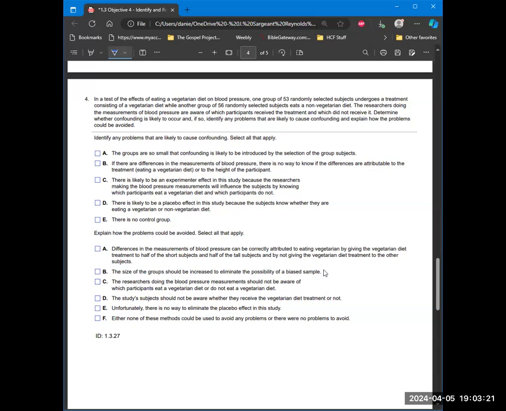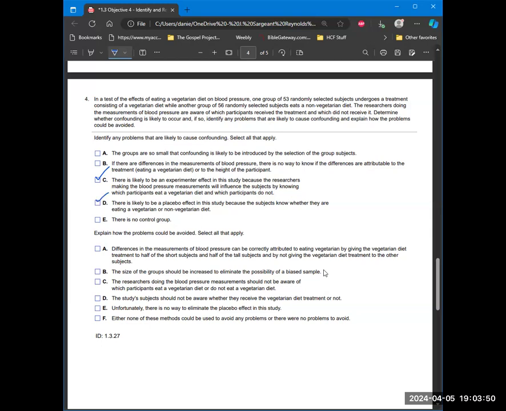There is likely to be an experimenter effect in the study because the researchers making the blood pressure measurements will influence the subjects by knowing which participants eat a vegetarian diet and which do not. That's possible because there's no blinding here. Is there likely to be a placebo effect in the study because the subjects know whether they're eating a vegetarian or non-vegetarian diet? Yes.